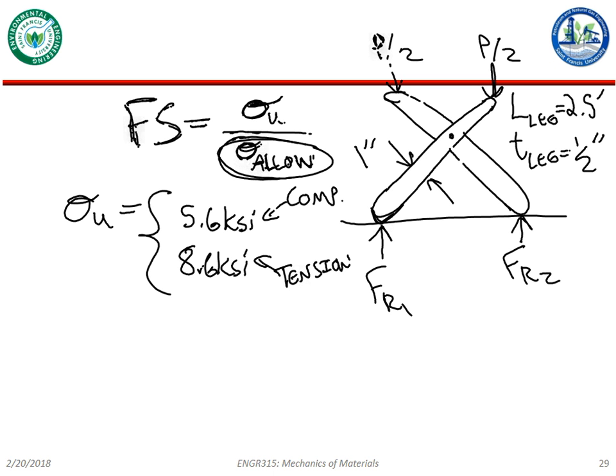And the question is, given a load of, say, 200 pounds, so a person sitting on the chair, weight evenly distributed to these legs, given this sort of geometry where the legs are pinned together at the center, what is the factor of safety for this design?